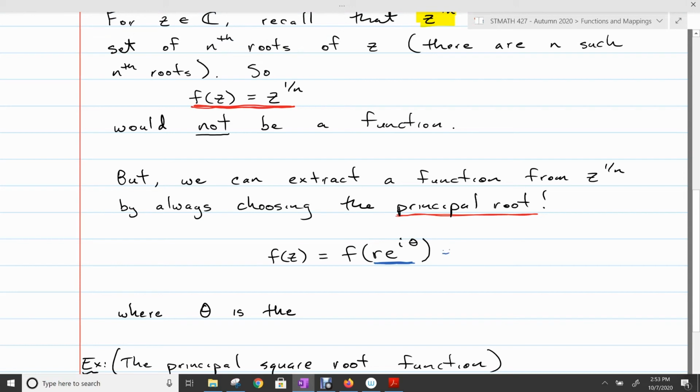Well, if you remember, it's the nth root of the radius, and then it's e to the i times theta over n. And here we have to be assuming that theta is the principal argument.